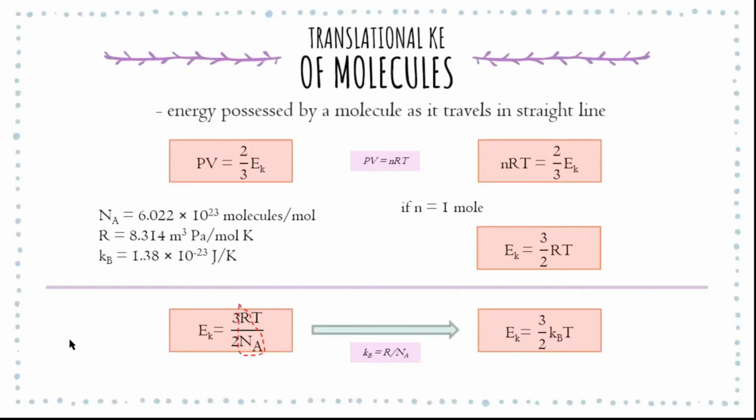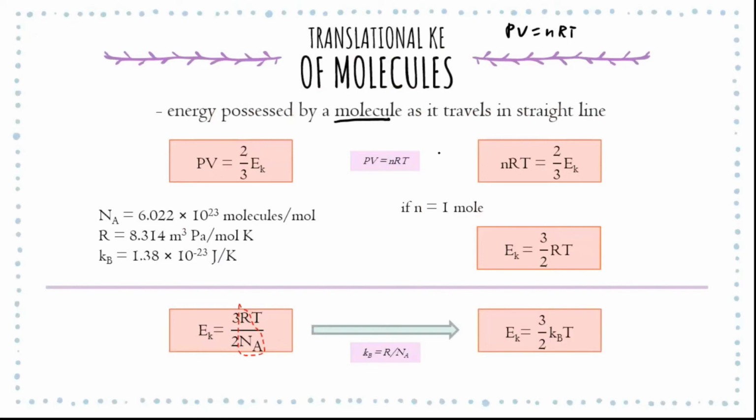Alright. So we move on to the translational kinetic energy of molecules. So these equations are derived from the ideal gas equation PV is equal to nRT. Okay, so your translational kinetic energy is the energy possessed by a molecule as it travels in line.